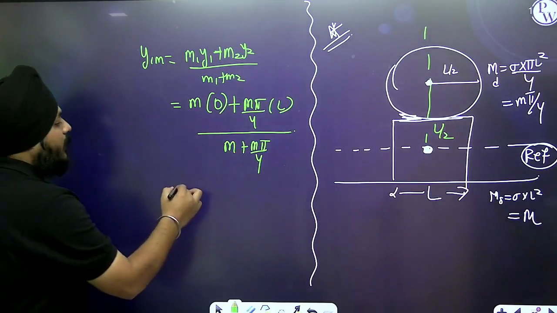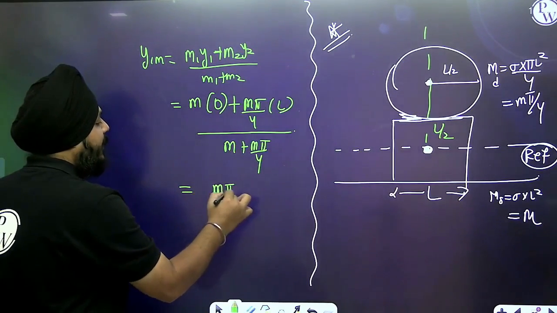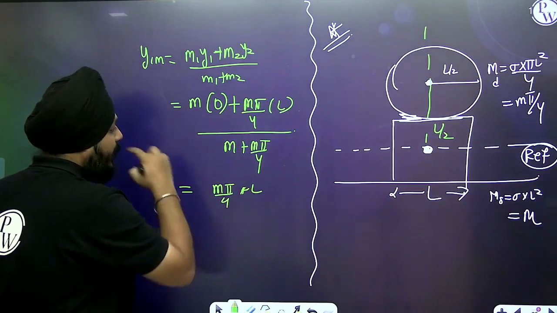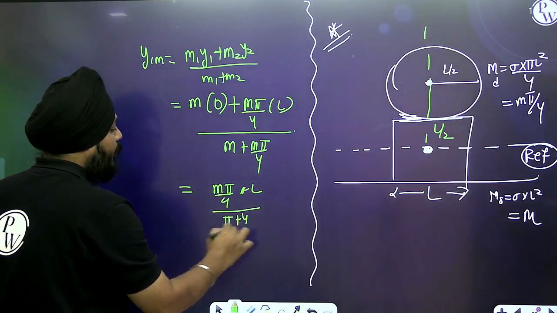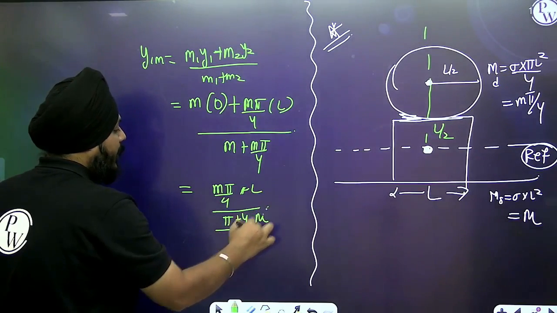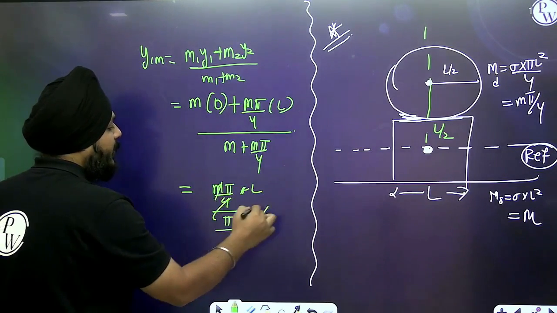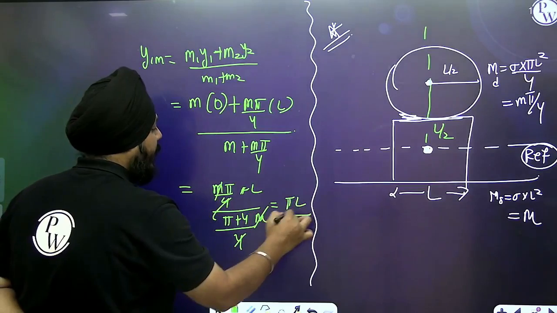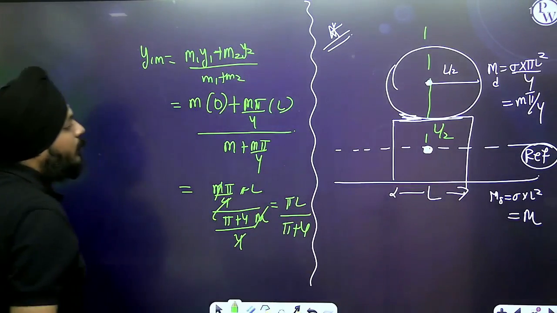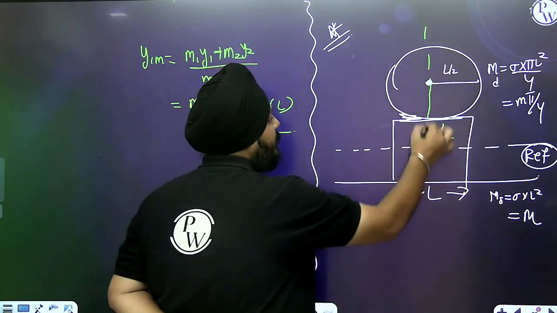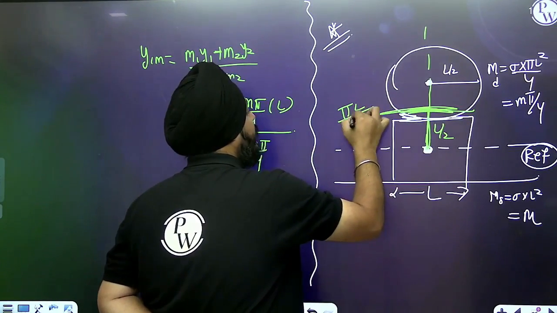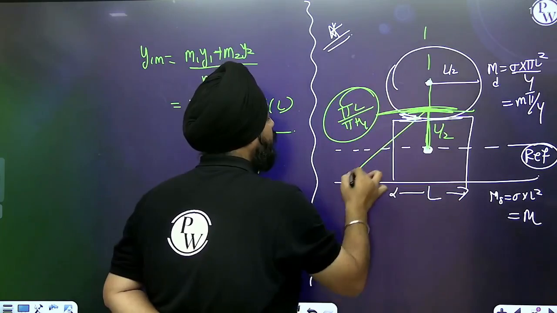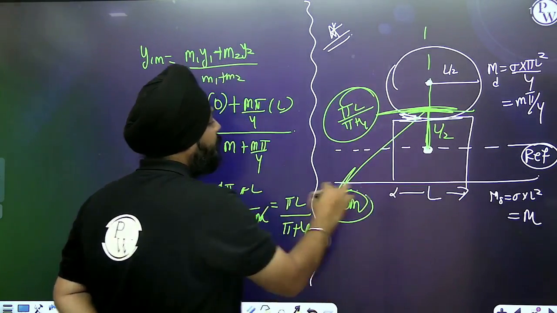So this becomes m pi by 4 into L, whole divided by pi plus 4 by 4 into m. M gets cancelled. So this is pi L by pi plus 4. From this distance, this will be the new center of mass of the system.